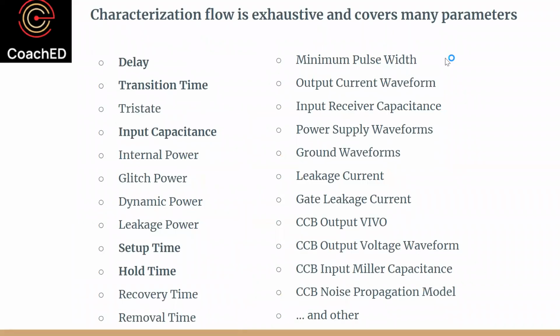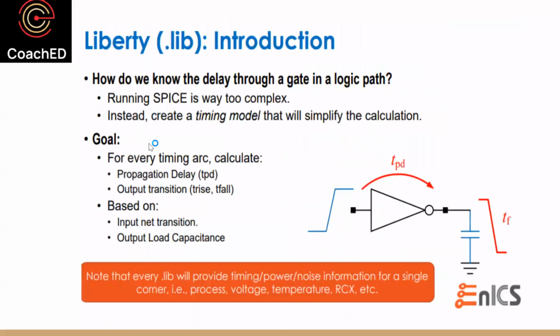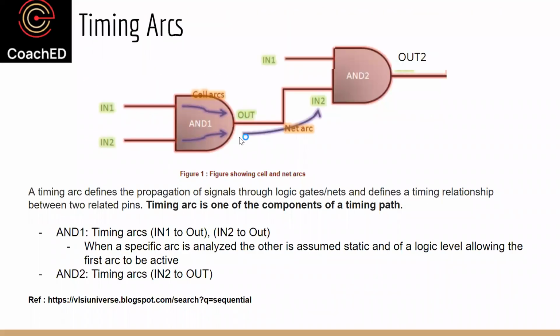So there are multiple possible things which you could measure and run a simulation for using the characterization flow, and you could try to find out delay and transition time, which I just talked about. There are other things like input capacitance. Why do I need to know input capacitance? Because if I'm just running a simulation myself, I can set this load or that load to some value.